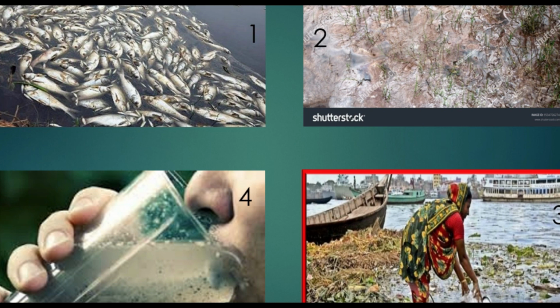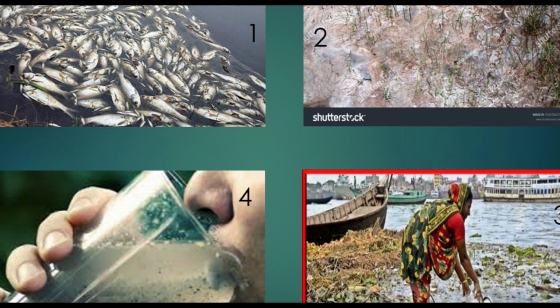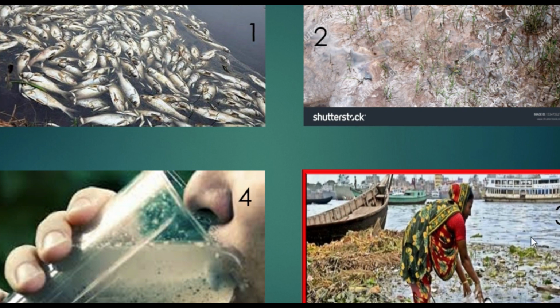A lady, a village woman is taking water into her jar. What will she do with this water? It is poisonous, and we see some water vessel in the river, and there is a lot of garbage surrounding her. The water and environment is totally polluted here.